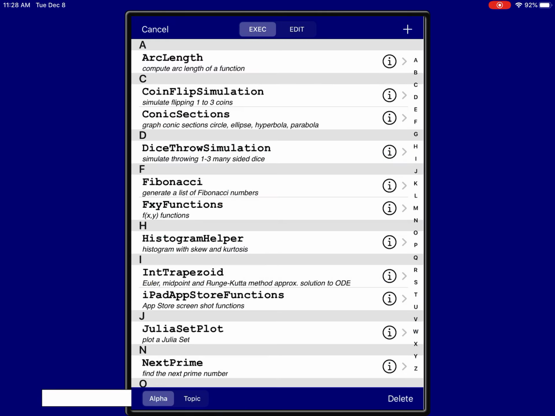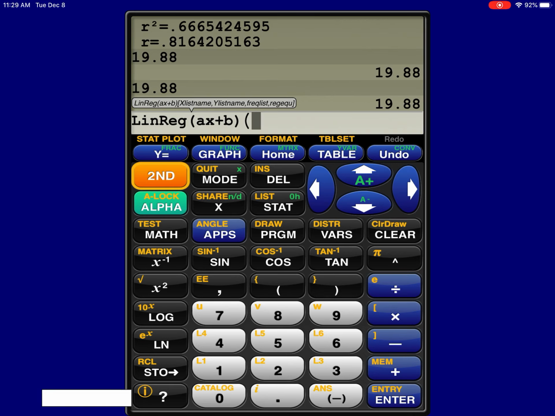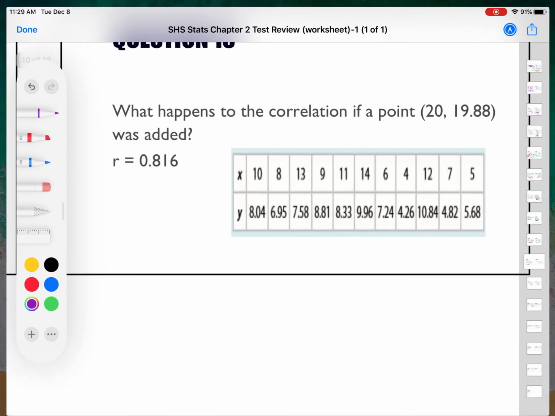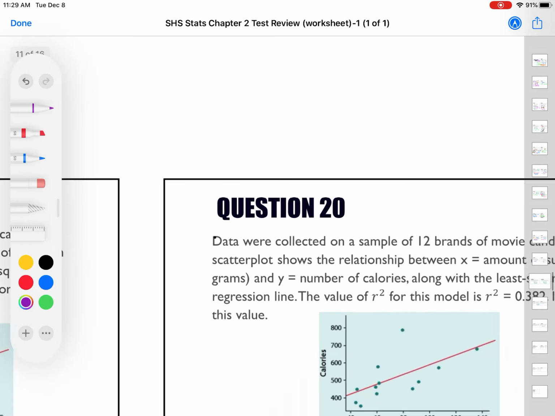Okay, let's try that again. Stat, calc, linreg, L1, comma, L2, comma, 1, comma, vars, y1. That should get it. Okay, so my R value now is 0.897. And what did that do? R equals 0.897. It increased it.